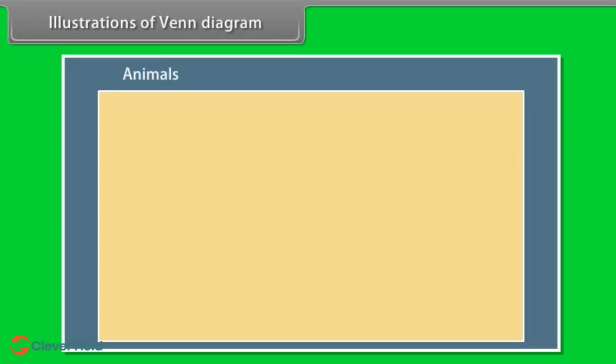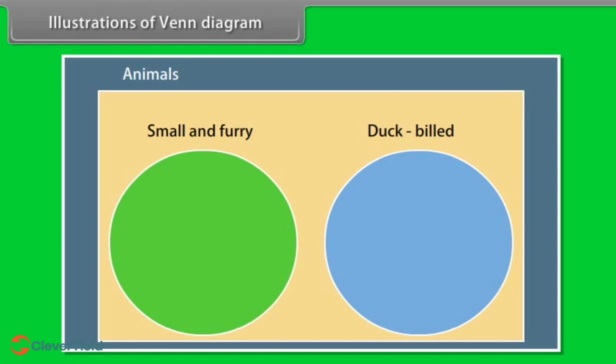Let's say we want to classify things according to being small and furry or being a duckbill. We draw circles to display our classifications. Now we'll fill in or populate the diagram. Moles, rabbit skunks, and my cat are all small and furry.